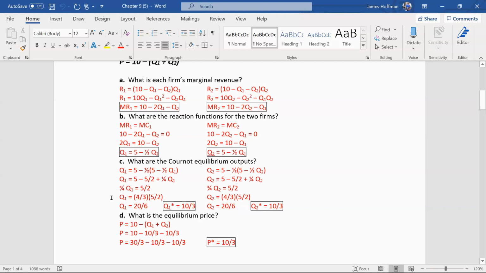And then just multiply both sides by 4/3, and you get Q1 equals 4/3 times 5 halves. And that simplifies to 20 over 6, which is 10/3.